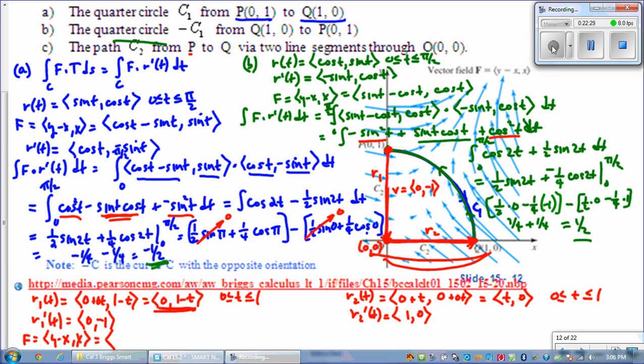The y is 1 minus t. The x is 0, minus 0, comma x. So that will be (1 minus t, 0). And the second part over here, the vector field, (y minus x, x), y minus x will be 0 minus t comma x, which is t.